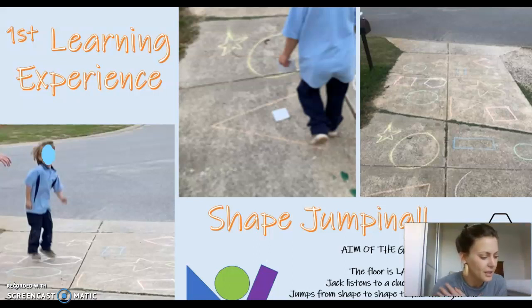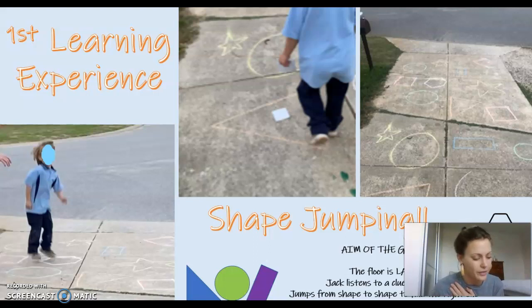So I played the music, and Jack ran around and jumped from shape to shape, and then I stopped. And when I stopped, he had actually landed on a rectangle. So he used his strategy of using his fingers to count the corners and the sides.